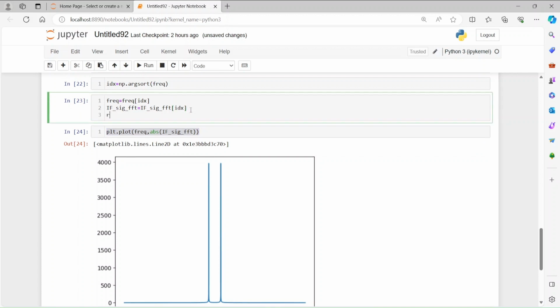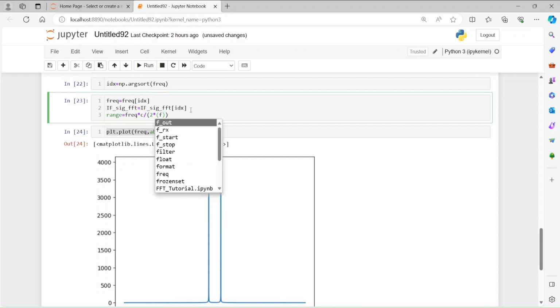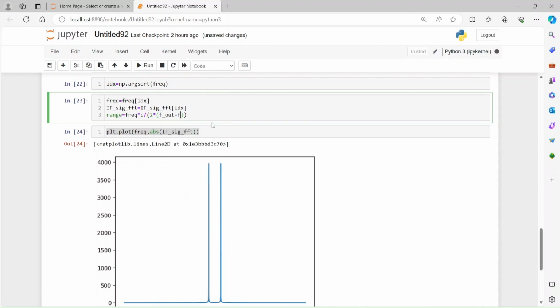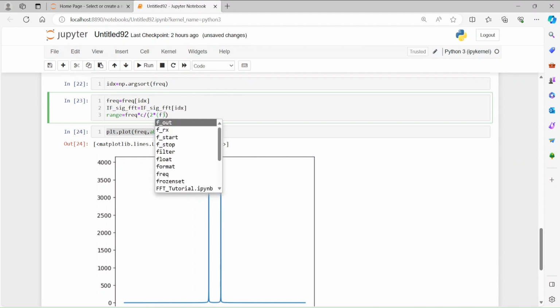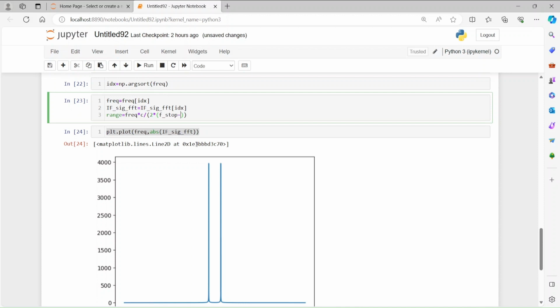So range is nothing but the frequency times c, divided by 2 times the slope. The slope is going to be the bandwidth, which is f stop minus f start, divided by Tc.